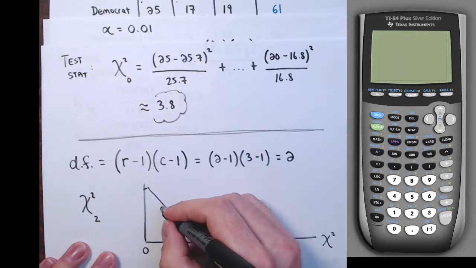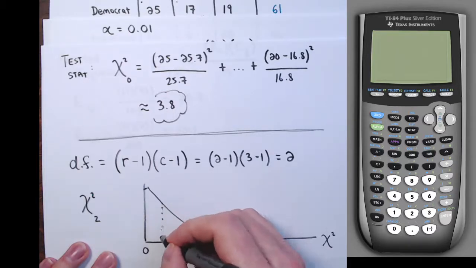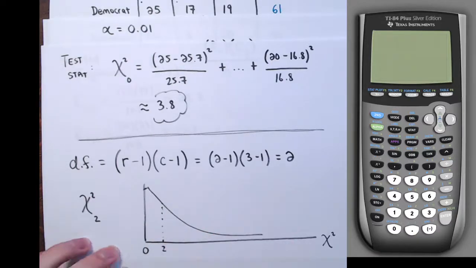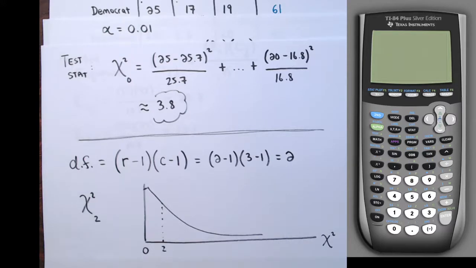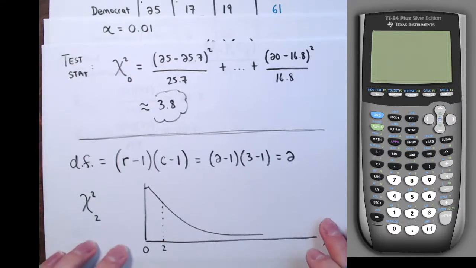The mean was to the right of the highest peak. The mean was the number of degrees of freedom, so a mean value of 2. And the standard deviation would be the square root of 4, or 2 as well. It was the square root of 2 times the number of degrees of freedom. But anyway, there's a very rough graph of our chi-square distribution with 2 degrees of freedom.